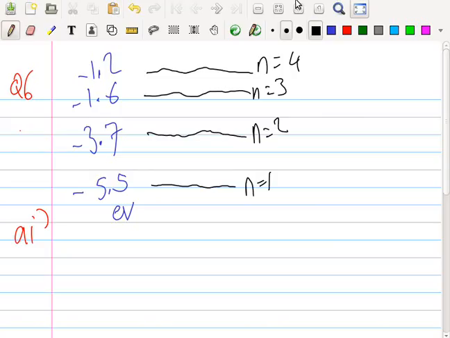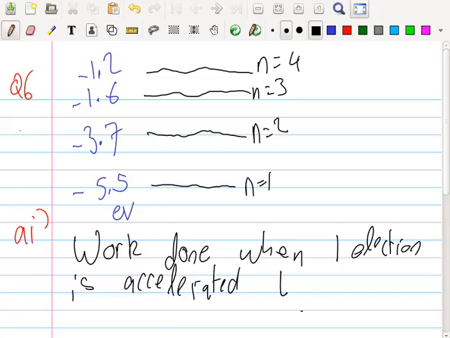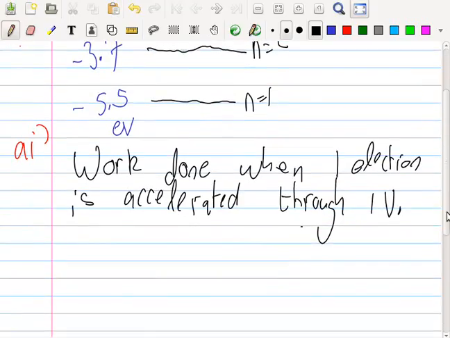It's the work or energy, the work done when one electron is accelerated through 1 volt. All right.